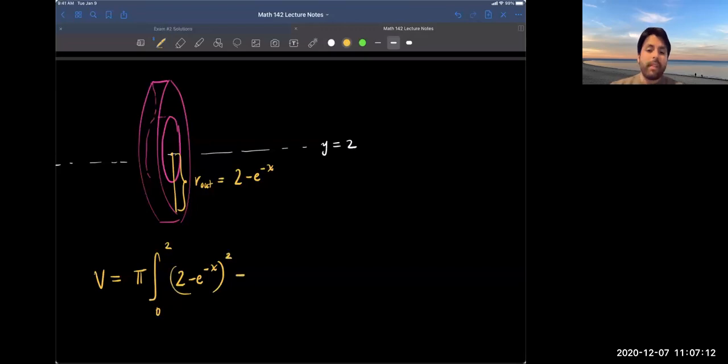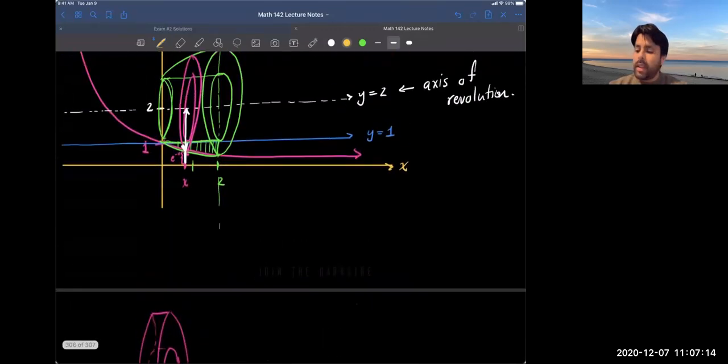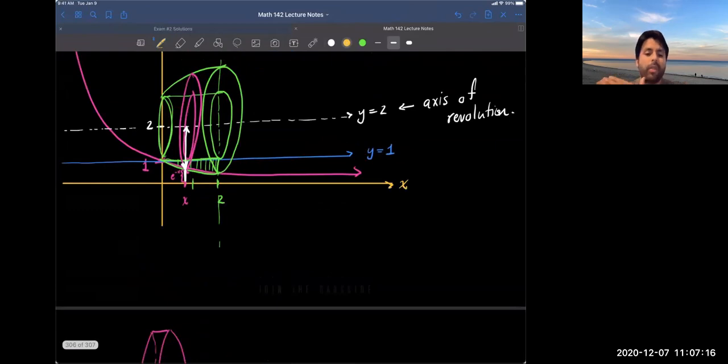Then you're going to subtract that from the inner radius. What is the inner radius? That's going to be the smaller radius, the distance between the axis and the inner or the closest graph. But this is pretty easy because the graph is y equals 1. It's just a constant.